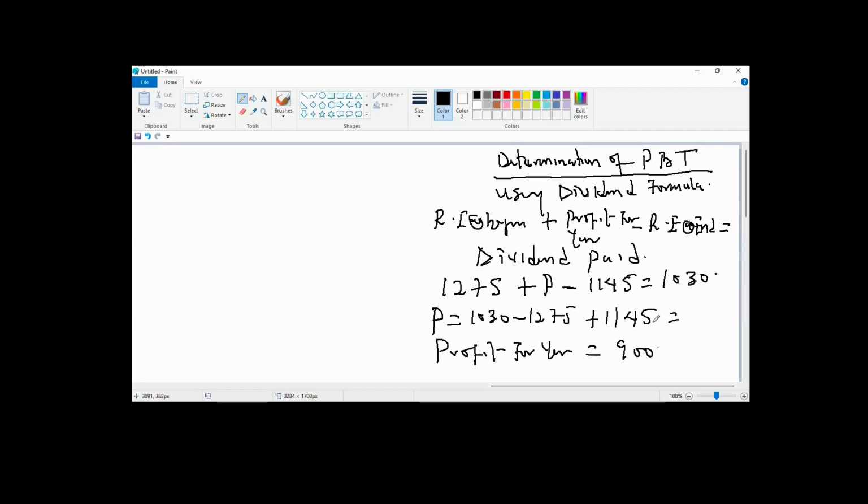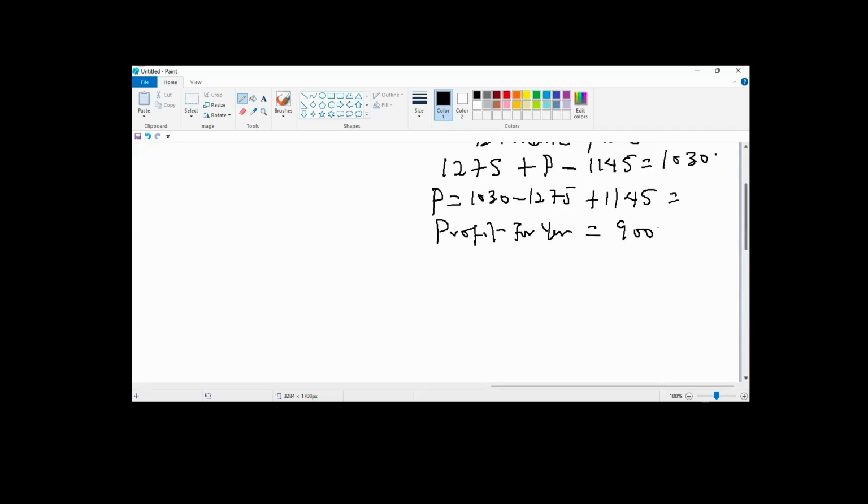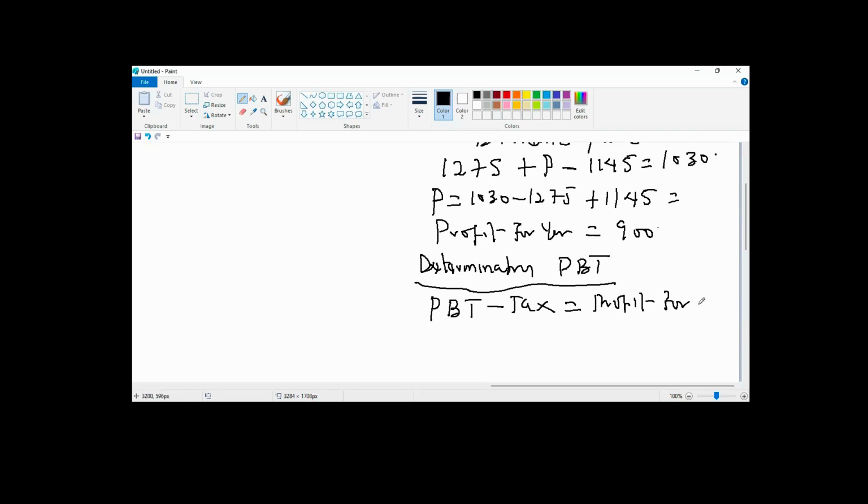Now, they did not say we should get profit for the year. It's profit before tax. Don't forget that profit before tax minus the tax will equal profit for the year. Now, what is the profit before tax?